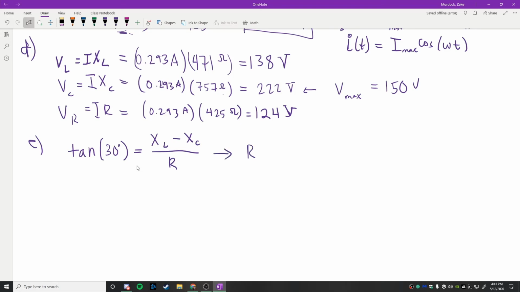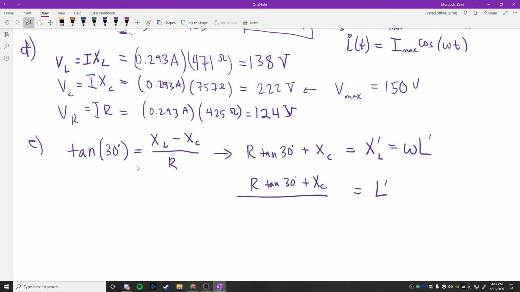If I say R times the tan of 30, this is something similar you guys are going to have to do in your homework, and then I add to that X sub C, that should give me the value of X sub L. But X sub L is equal to omega L, so to find the new value of the inductance, L prime, I would just take R tan 30 plus XC, and I would divide by omega.